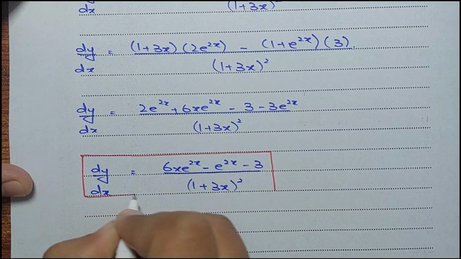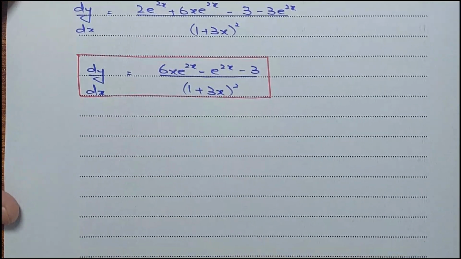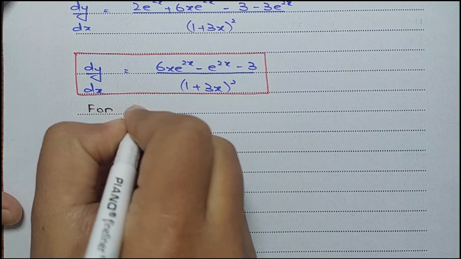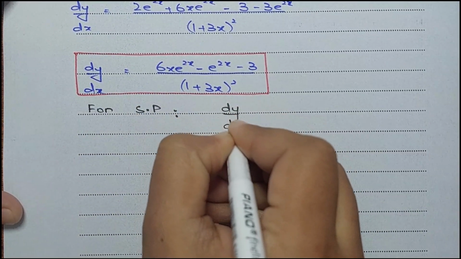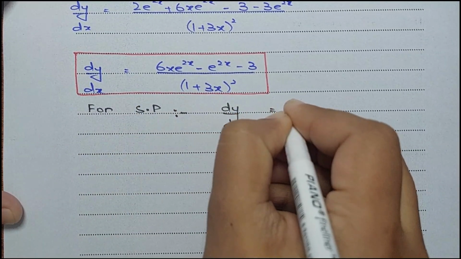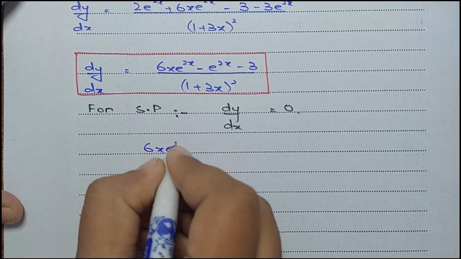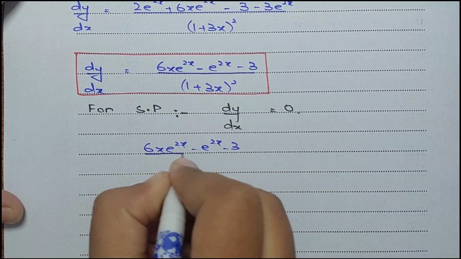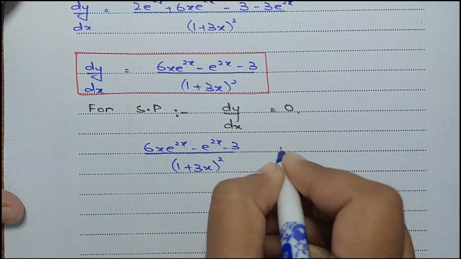Now we need to show that the x coordinate of the stationary point satisfies this equation, right? Okay, now we can say for a stationary point, we need to put dy over dx equal to 0. This means 6x e to the power 2x minus e to the power 2x minus 3, divided by 1 plus 3x whole square, should be equal to 0.